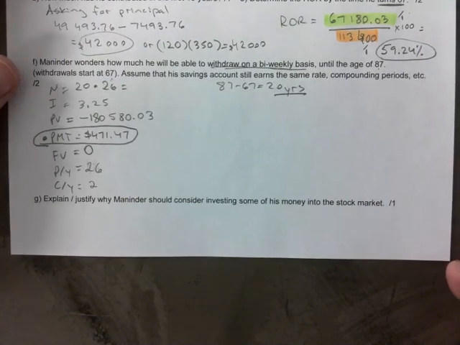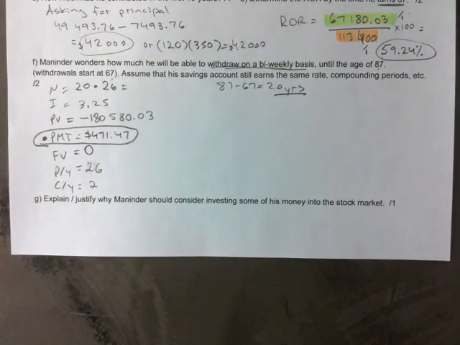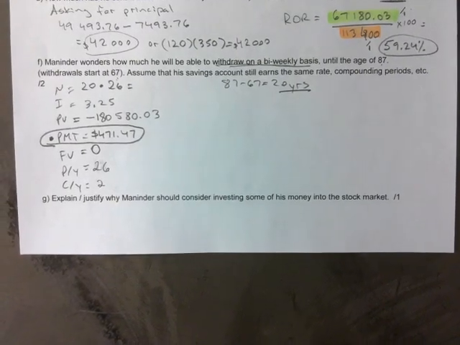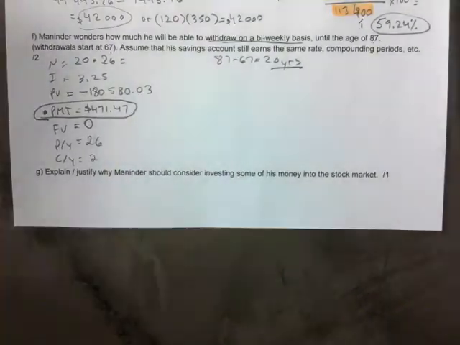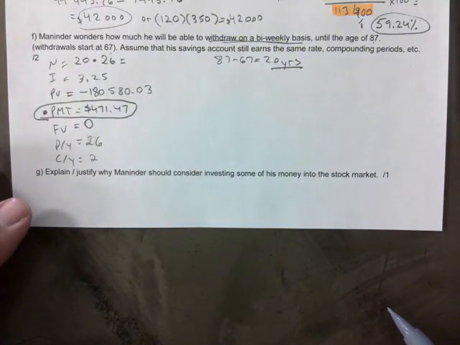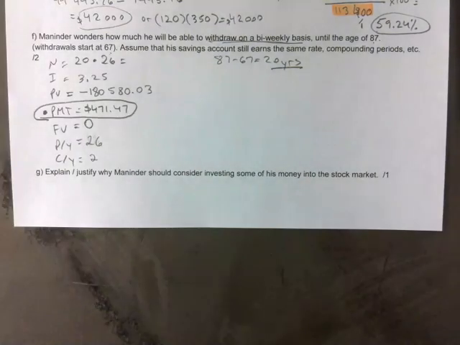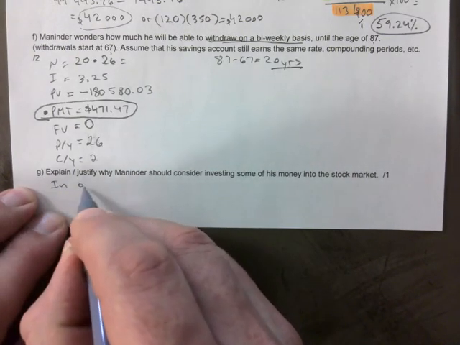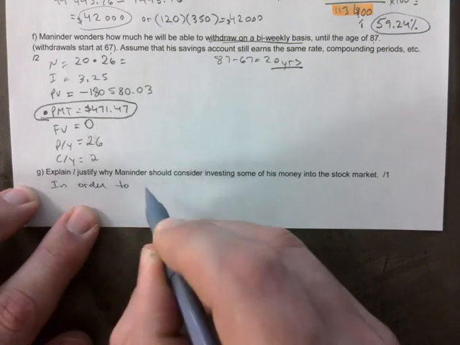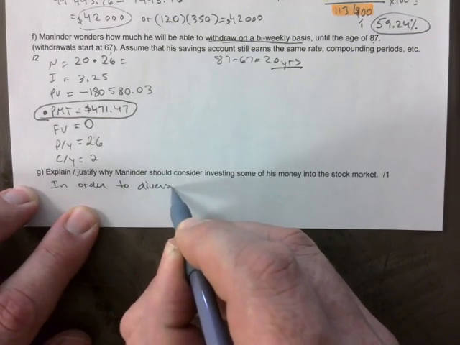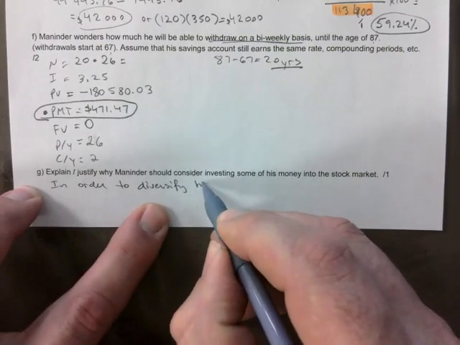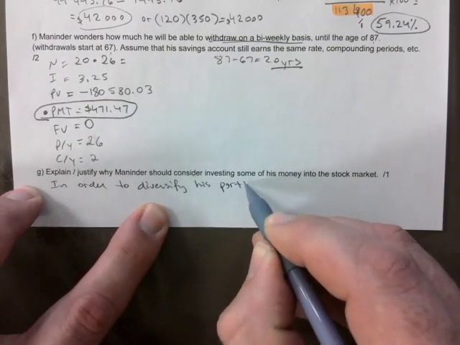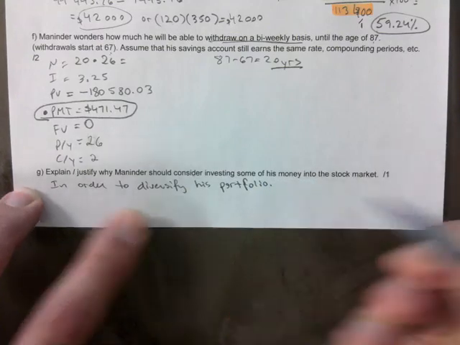Explain, justify why Maninder should consider investing some of his money into the stock market. I would say this, you can talk about diversifying, okay? In order to diversify his portfolio, that's one way.